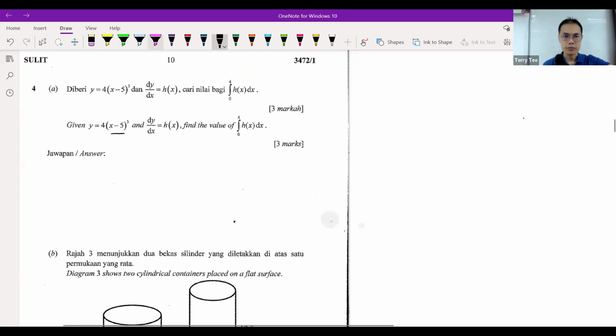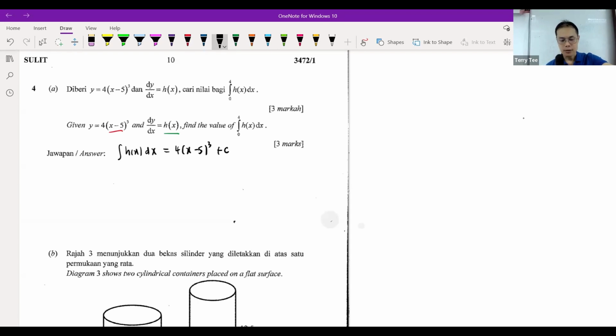You differentiate the red one, you get the green one. If you integrate the green one, which is h(x) here, you should get back the red one, 4(x minus 5) cubed. But of course, if it's an indefinite integral, we have to put a plus c.